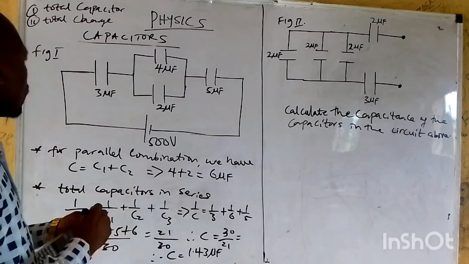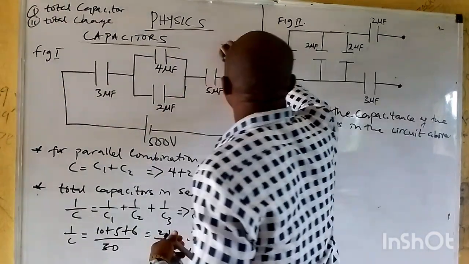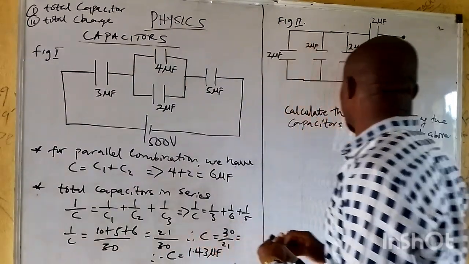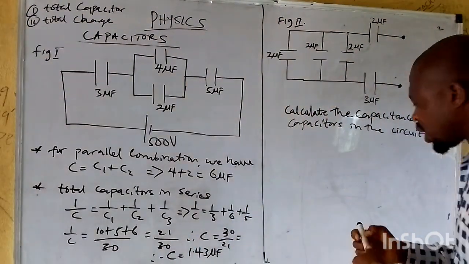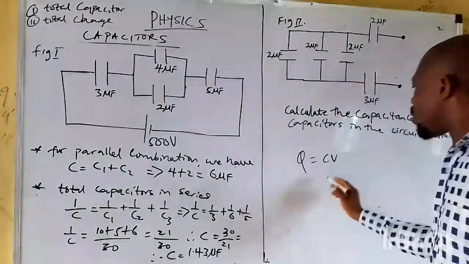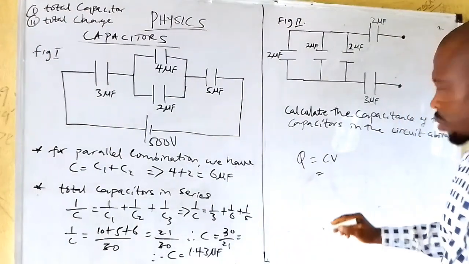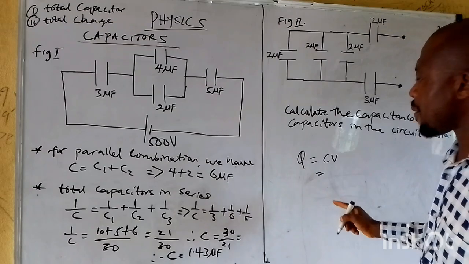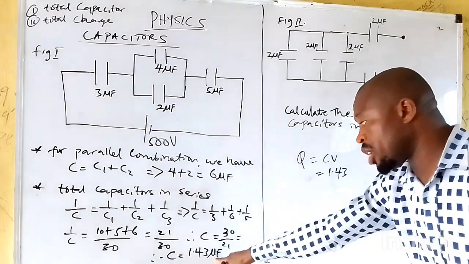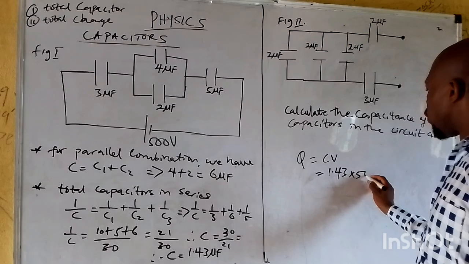Now for the second question that says total charge, please permit me, I'll write somewhere here. For the total charge, Q is equal to CV. C is 1.43 microfarad, remember it's micro, times V. V is 500.